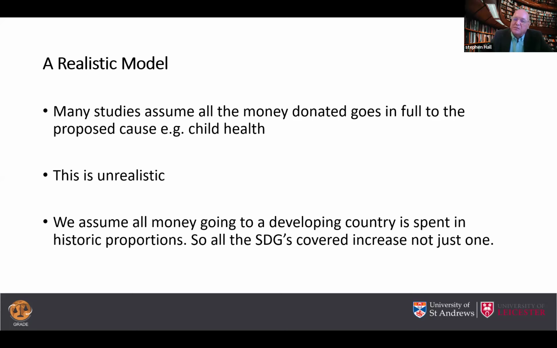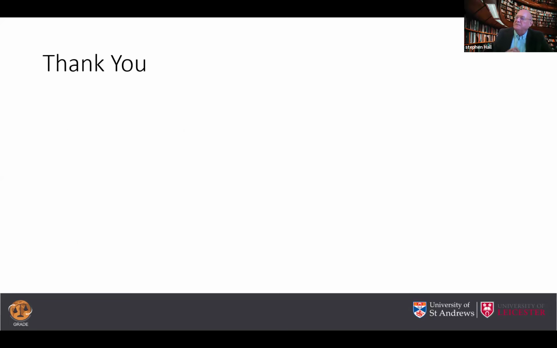So all the SDGs we cover would improve, but also other things such as infrastructure building. And even if the country's spending a lot on military activity, that would increase too. So that's what we mean by a realistic model, one which doesn't make unrealistic assumptions about how a government will behave. And that is essentially my background to the grade model in terms of econometrics.